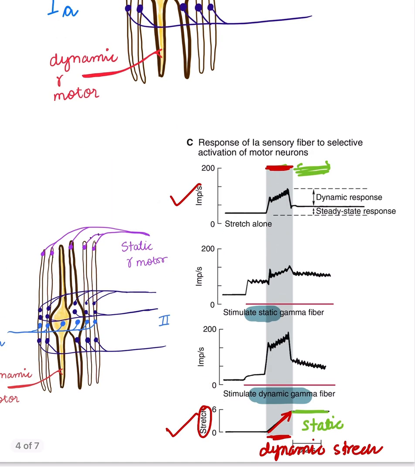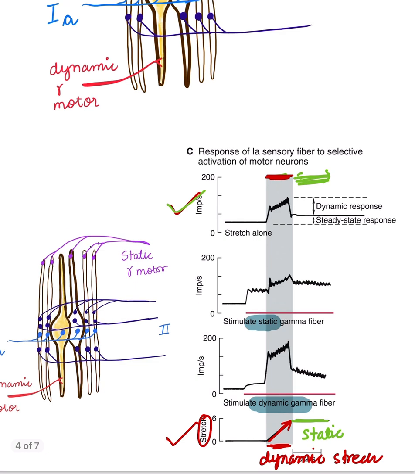So now we'll understand this graph. In 1A sensory fibers, this is the dynamic response. Hence, when in the gray region, when dynamic stretch is given, this is our dynamic response.